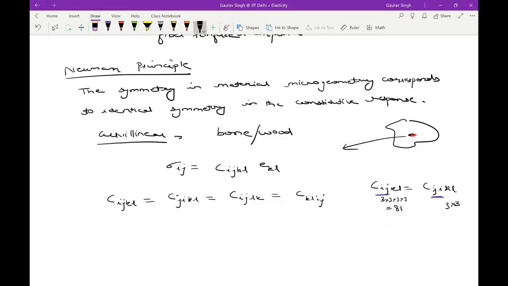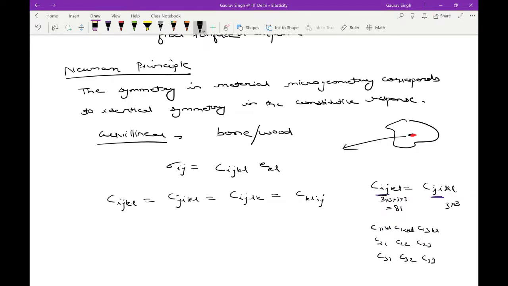If you don't want to do it the hard way, the easy way is to just write it as C11, C12, C13, C21, C22, C23. So we are just taking this ij1 because KL is the same. So I'm not writing KL separately. 31, 32, 33.